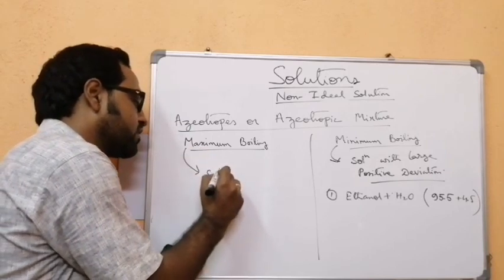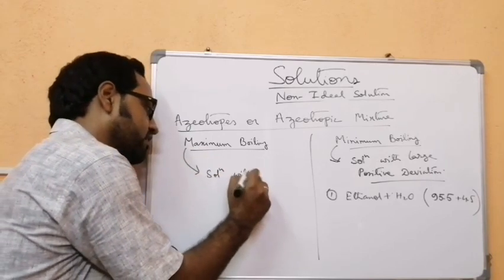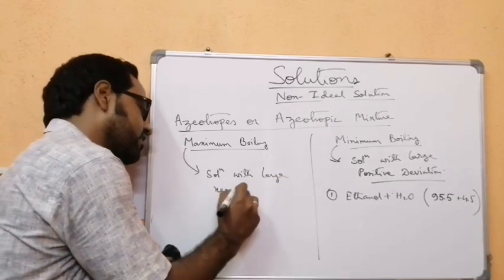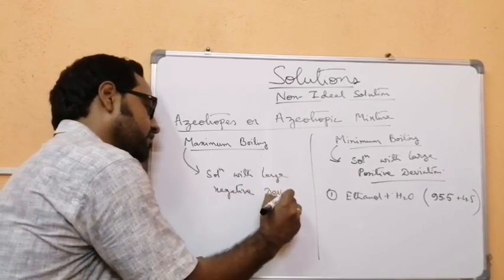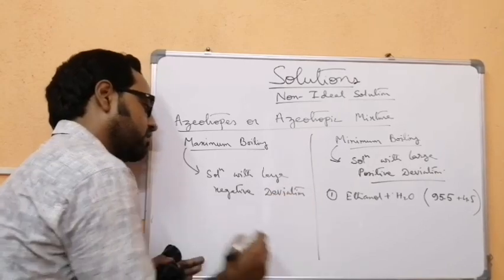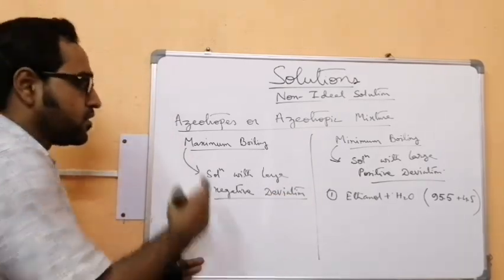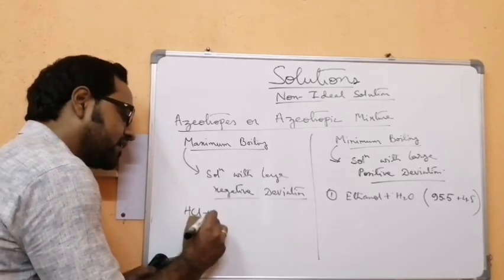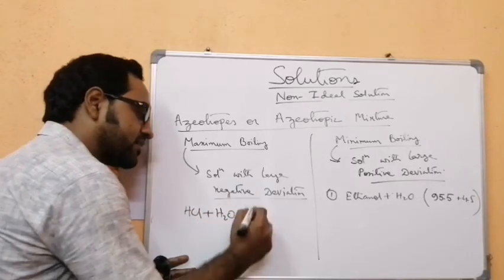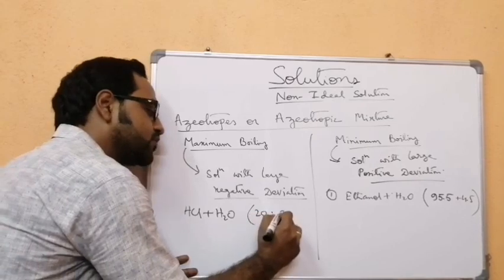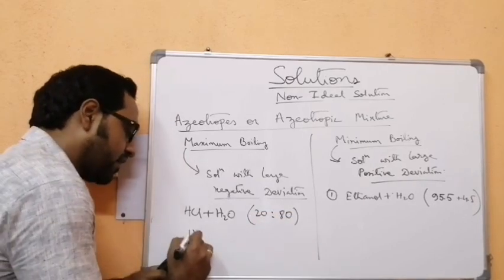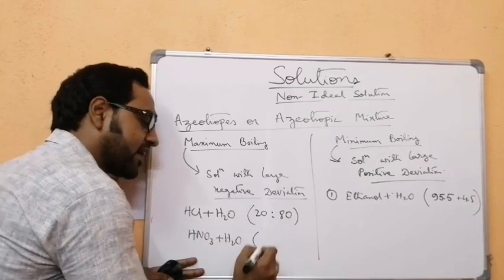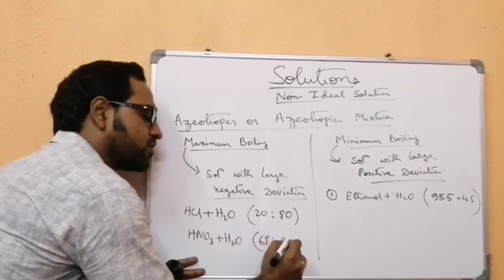So solutions with large negative deviation show maximum boiling azeotrope. Example, HCl water, the exact ratio is 20:80. Nitric acid water, the exact ratio is 68:32.